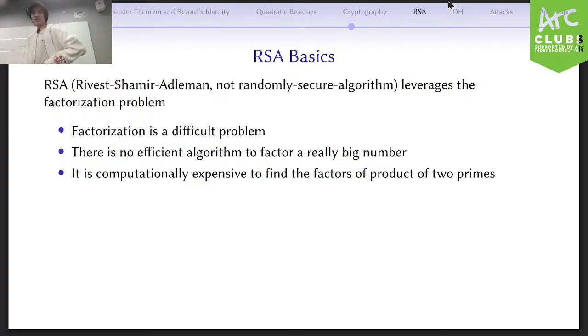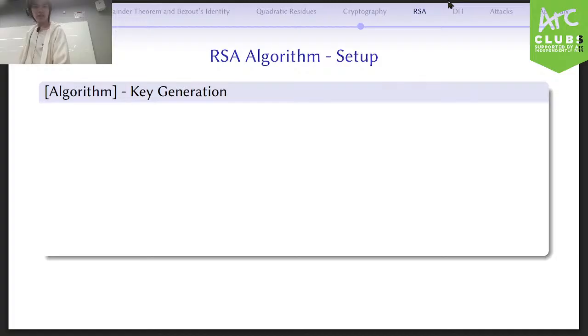Given a really, really big number, computers right now, if we don't consider quantum computers, just normal computers, can't factor this number in a reasonable amount of time. They might take thousands or millions of years. So if we have a number that is the product of two really big primes, it's going to be really, really hard, given just the product of those two primes, to recover the factors, which are those two primes.